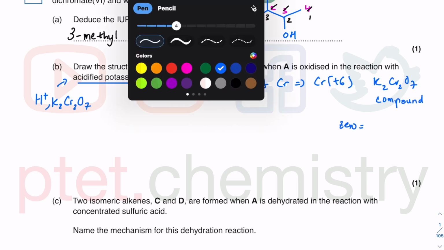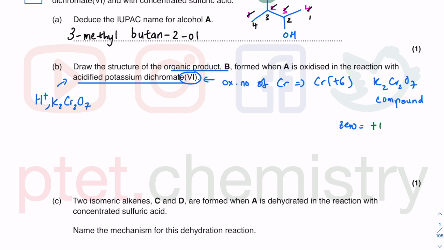You have 2 potassium. Each potassium in a compound is a potassium ion, so it carries a charge of plus 1. That is why the oxidation number from the 2 potassium ions is going to be 2 times plus 1. I have 2 chromium. My objective is to find the oxidation number for each chromium because oxidation number belongs to one particular atom and not 2 atoms.